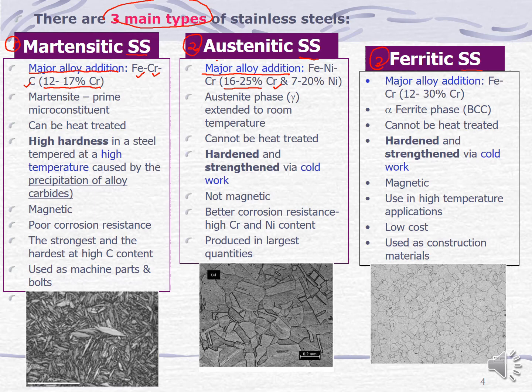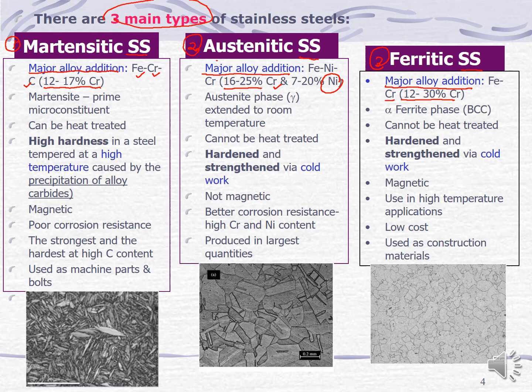At the same time, this austenitic stainless steel also consists of nickel as an alloy element. And for the ferritic stainless steel, the major alloy addition is chromium in the range of 12 to 30%, which is higher compared to martensitic stainless steel and austenitic stainless steel.